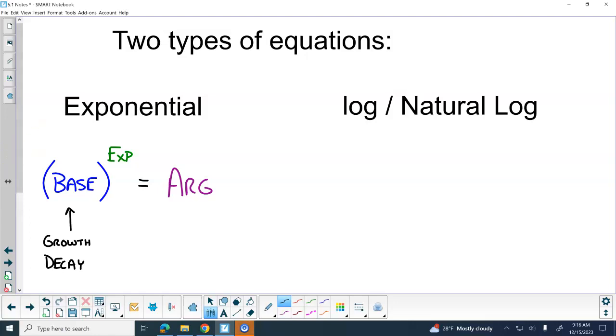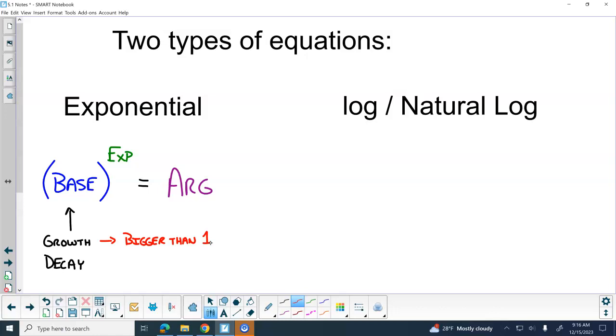If we are a growth, our base is going to be bigger than positive 1. The base is going to be bigger than 1.